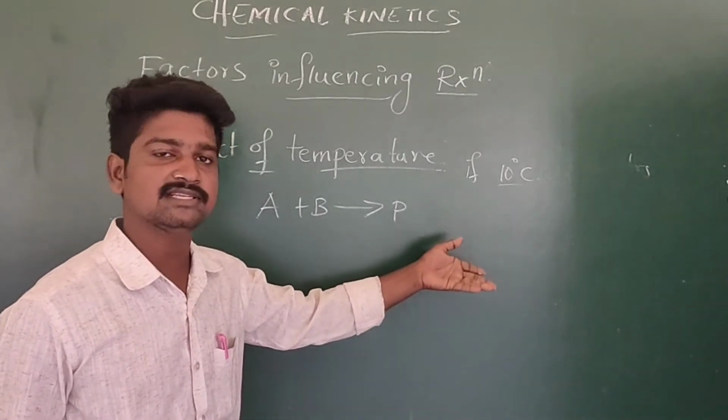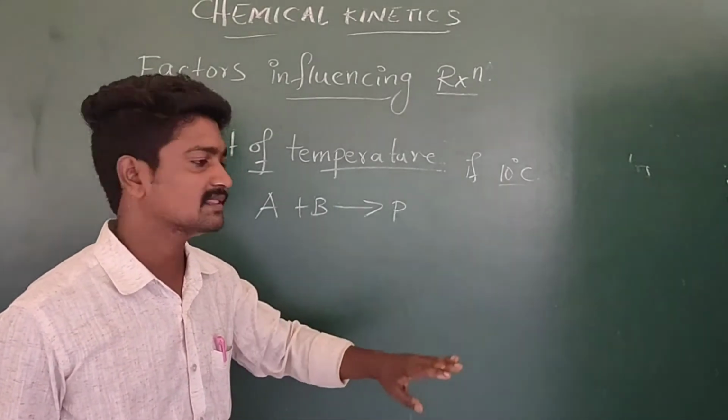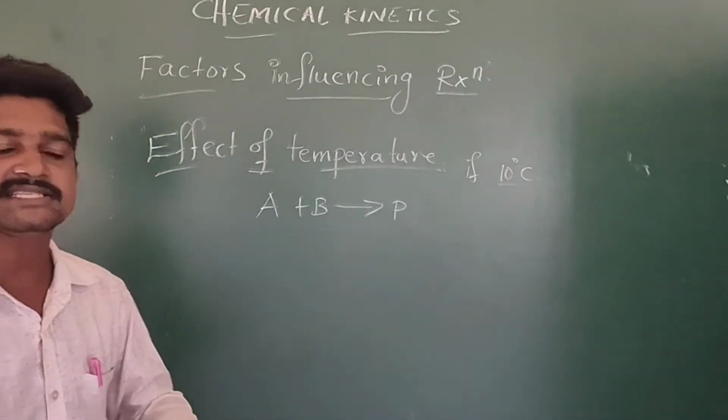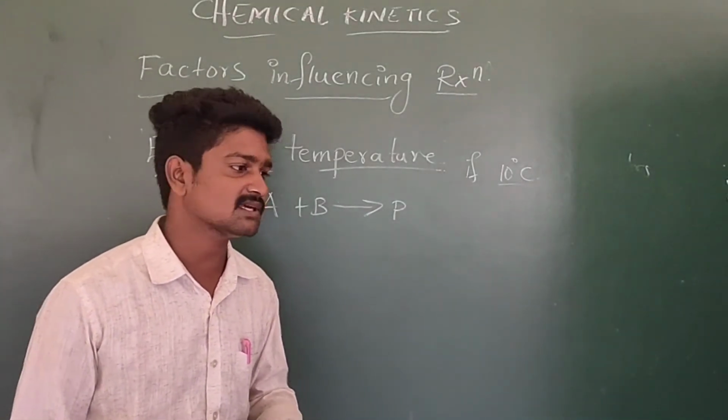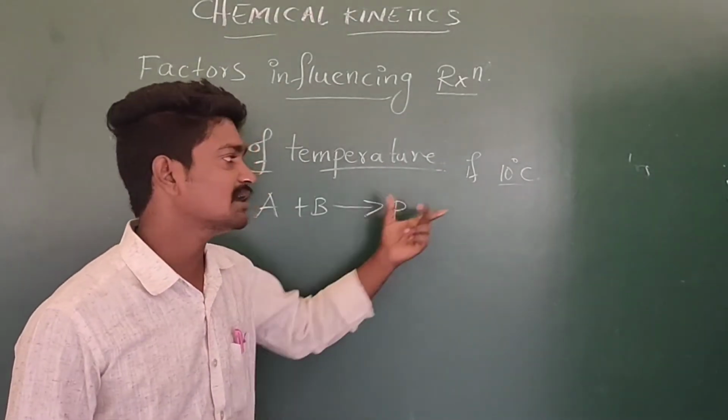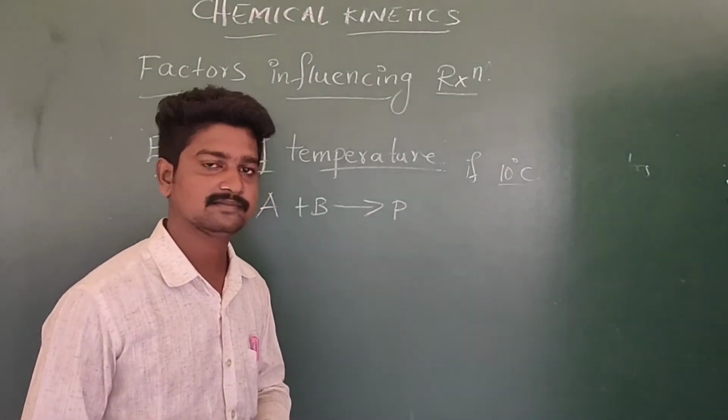If we increase 20 degrees Celsius, the rate of reaction would triple. So when we increase the temperature, the rate of reaction also increases along with the temperature.